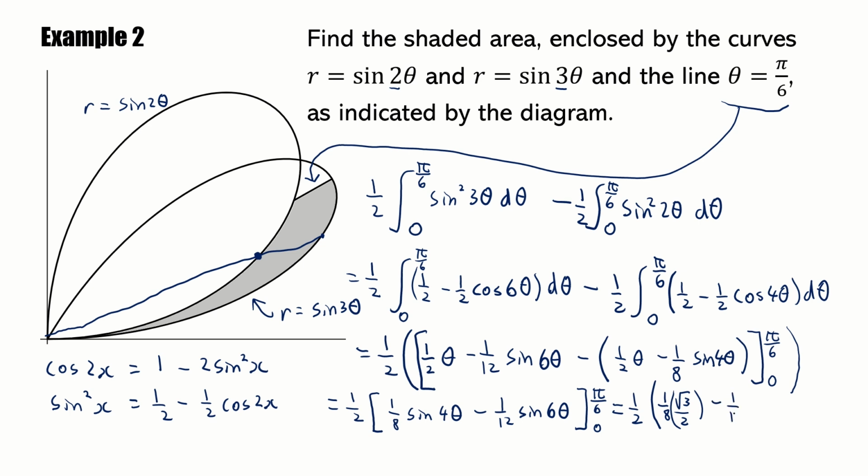Minus 1/12 lots of sine of 6 lots of pi over 6, which is really nice because that is just going to be 0, interestingly. So that's actually very easy. And then if we plug the limit of 0 into both those functions, that also becomes 0. So therefore, after all of that, the final answer is root 3 over 32.